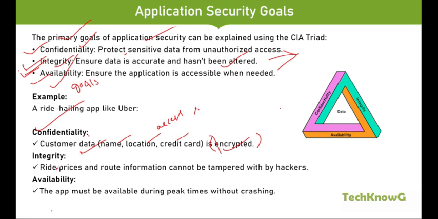Then ride prices and route information cannot be tampered with by hackers. This is integrity. Then the app must be available during peak times without crashing. This is availability. If an application satisfies all these three goals, then we can consider that the application is secure.